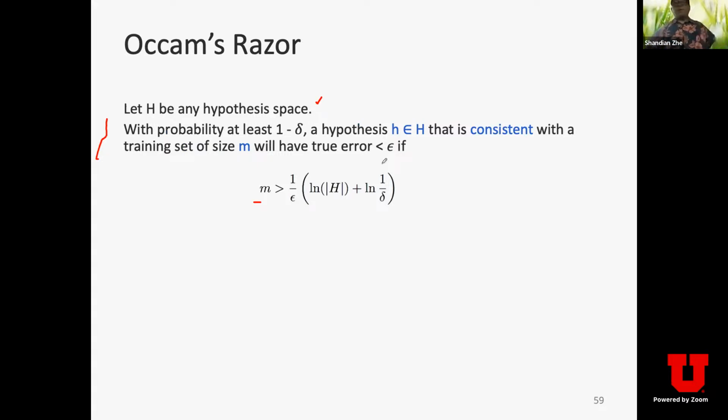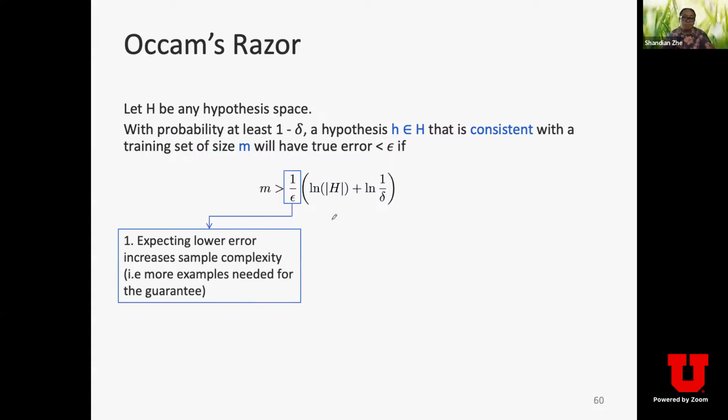Now what does this bound mean? Because this is a bound on the size of training data, it is called a sample complexity bound. It's a lower bound. What kind of insights can we extract from this lower bound?